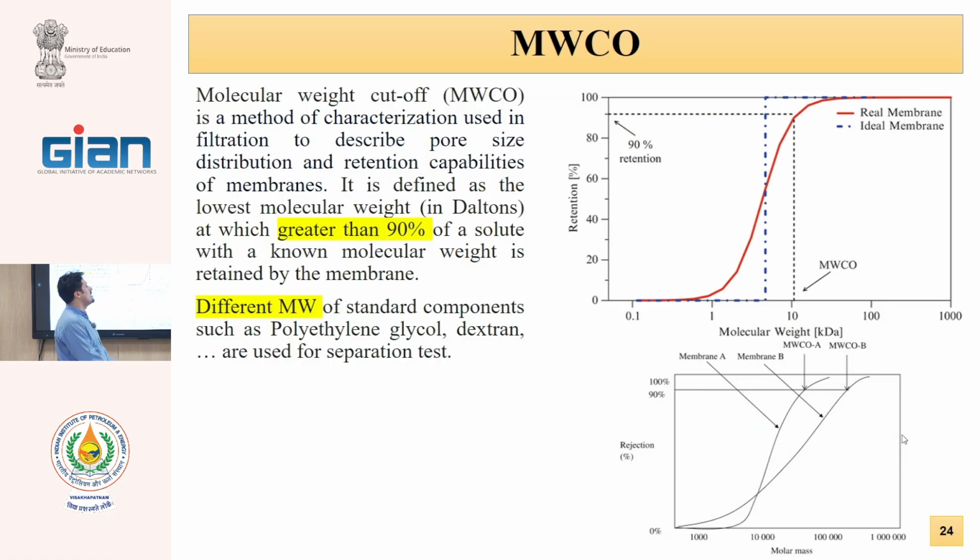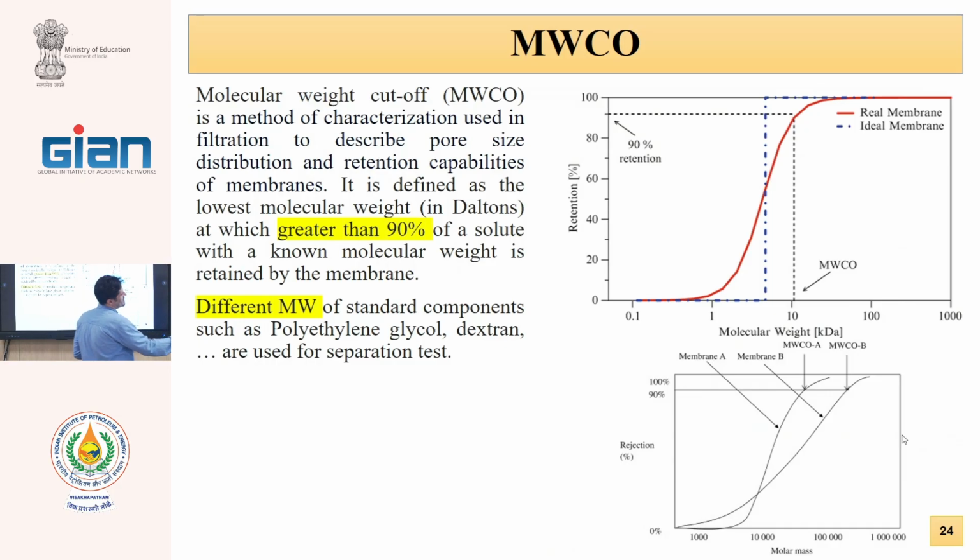For measurement of the molecular weight cutoff, we usually use 5 or 6 different molecular weights of a component, such as polyethylene glycol, such as starch, such as dextran, such as glucose, saccharose, and others, okay? For ultrafiltration, we use the big size of polyethylene glycol.